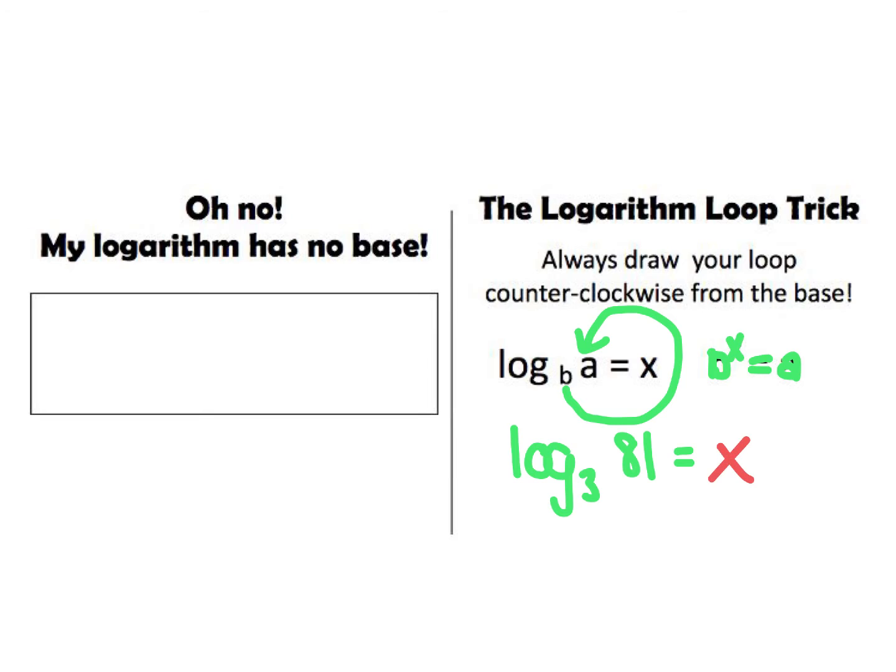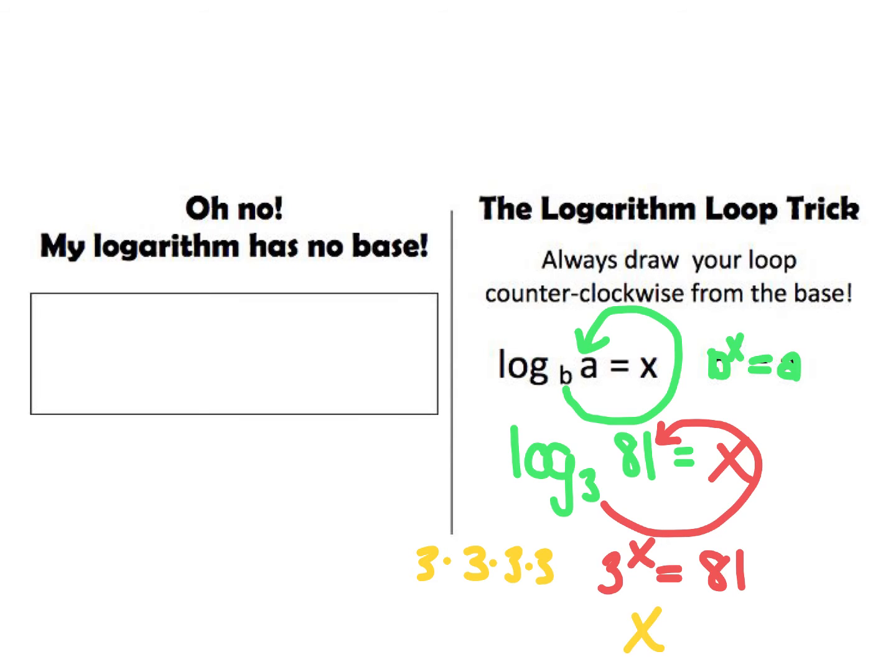Well, first of all, I always put an x if there's no value there. And I make this counterclockwise loop, thinking 3 to the x is equal to 81. So now I'm thinking 3 to what power? Well, I know that 3 times itself 4 times is 81, therefore x has to equal 4. So log base 3 of 81 produces the exponent 4.